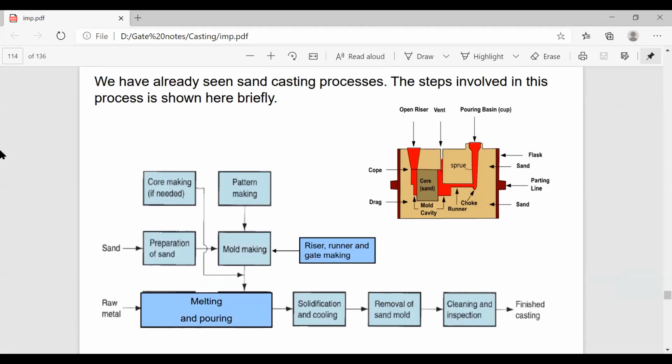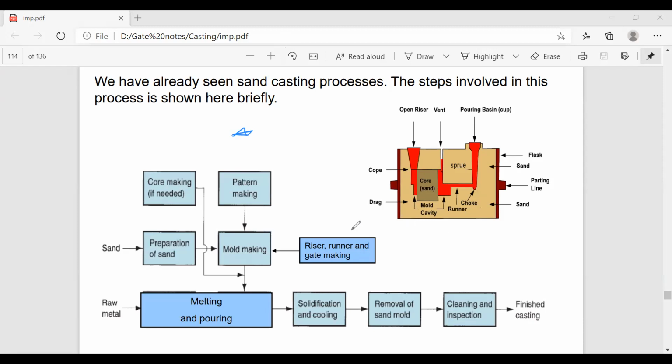So basically now we will see the sand casting process. Actually, we have already done it with the types of processes, so I will just give you an introduction to that.